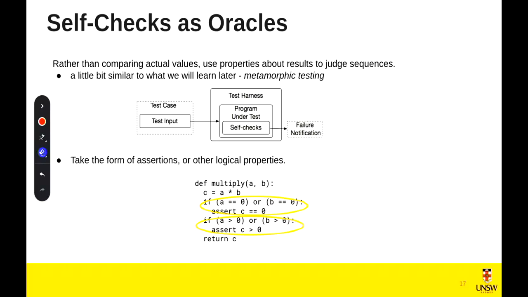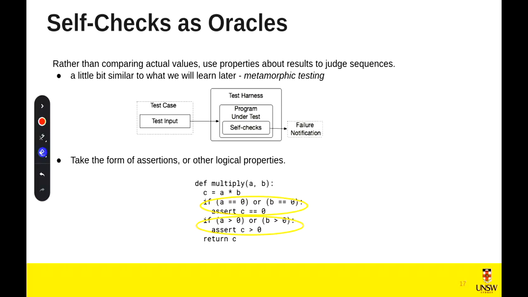So this is the idea behind self-checks. So we can use some more common properties of the program to do this correctness checking. And you can see that this is not as precise as the expected output checking, because we are not checking a particular value of C here, of the correct result.